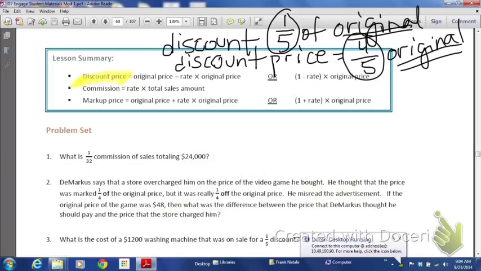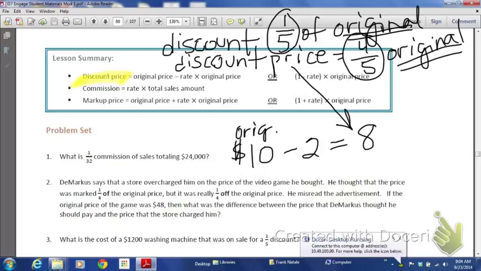So if your original price is $10, that's your original. The discount, if it's 1/5, is going to be $2. So you're going to take $2 off, and then you're going to have 4/5 of that original, and that's the discount price. So here's your discount price, or discounted price. Here's your discount. And then here's your original price. Okay. All right. Hopefully that's not too confusing.